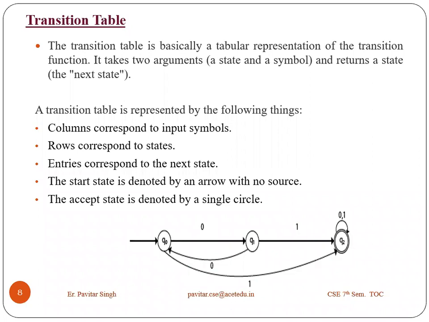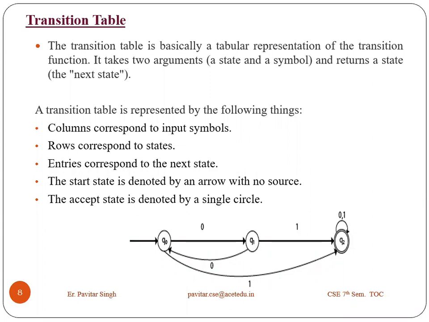You can write it as delta of Q naught comma 0, which leads you to Q1, right? Similarly, Q naught upon the processing of 1 will take you to Q2. So here you will write Q2.